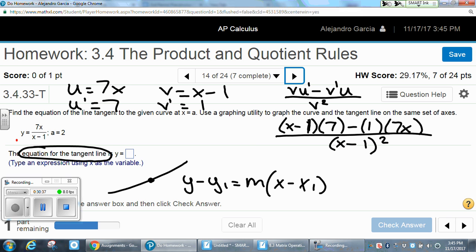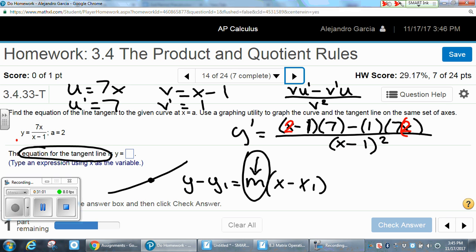Okay, so this is just the equation of y prime. Right? Correct. So now we need to find the slope right here. To find that, we're going to have to plug in 2 into y prime. So it will be a 2 here and here, and this is multiplying.